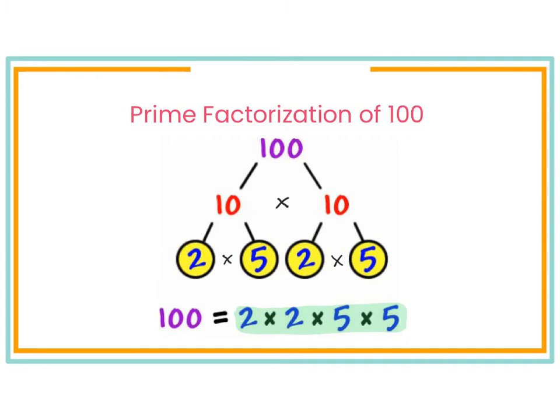If we were to multiply these numbers together, we can check our answer to see if we're correct. 2 times 2 is 4. 4 times 5 is 20. And 20 times the last 5 equals 100. So we know we wrote our prime factorization correctly.